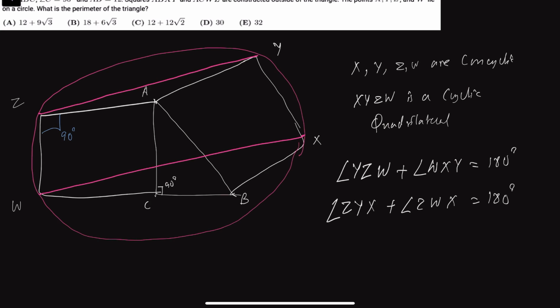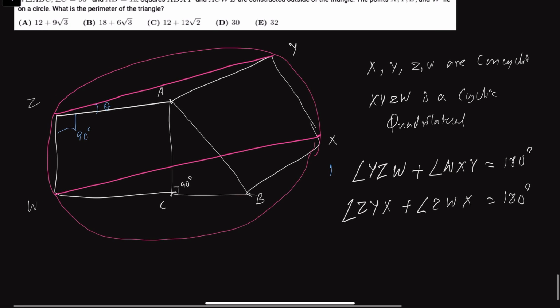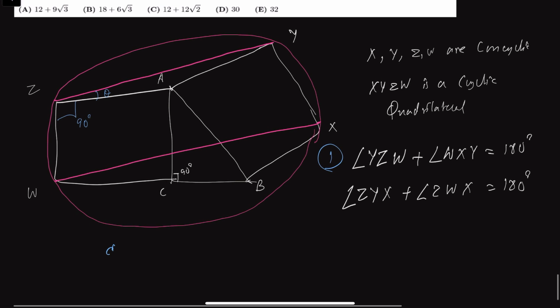If I consider YZA as theta, then considering the first equation, angle YZW is 90 degrees plus theta, plus WXY is 180 degrees.